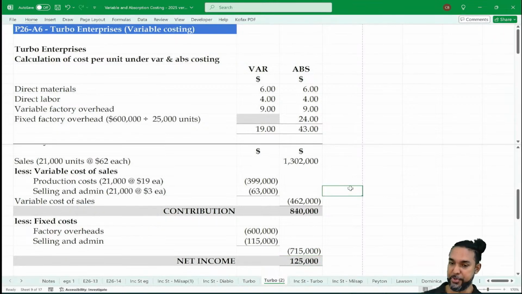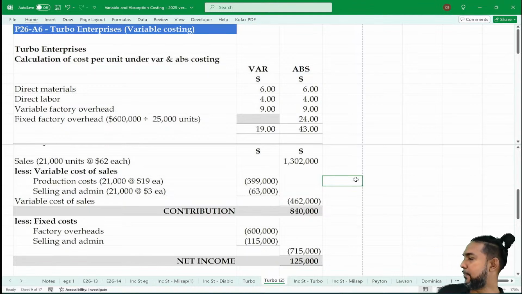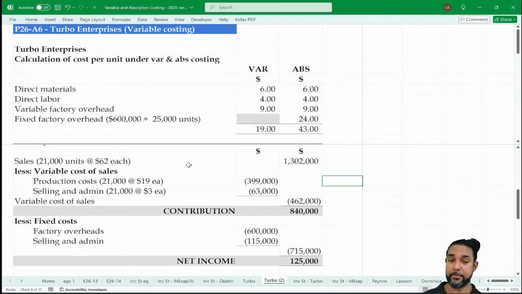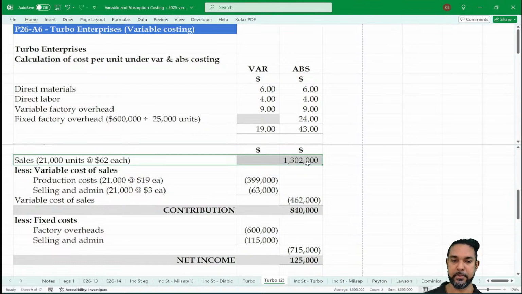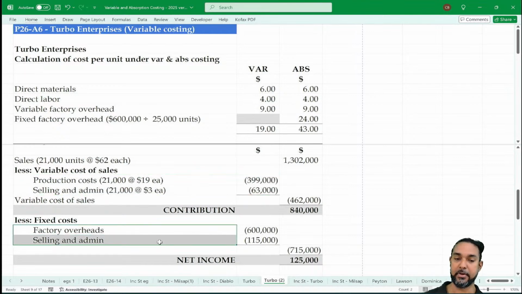Let me just recap that so you can hear me say it again. Maybe if it didn't land the first time, it might land this time. Under variable costing, when doing the income statement, we take the sales revenue and subtract the variable cost of sales. Usually we have two sets, production and selling and admin. We are not including selling and admin as part of the cost per unit, but it is a variable cost, which we subtract first, and then subtract the fixed cost after.